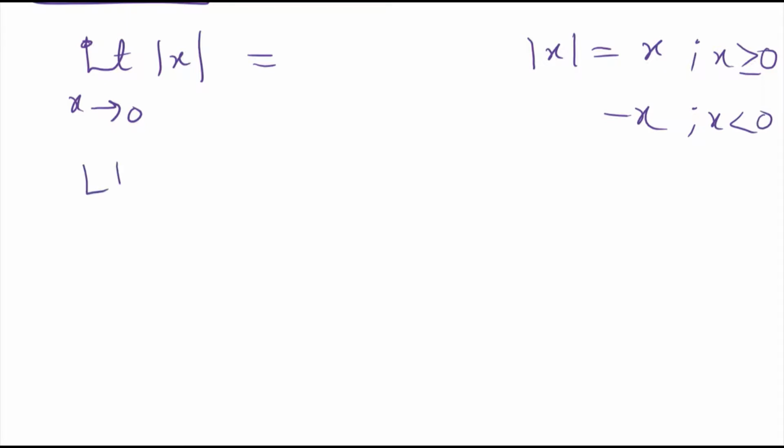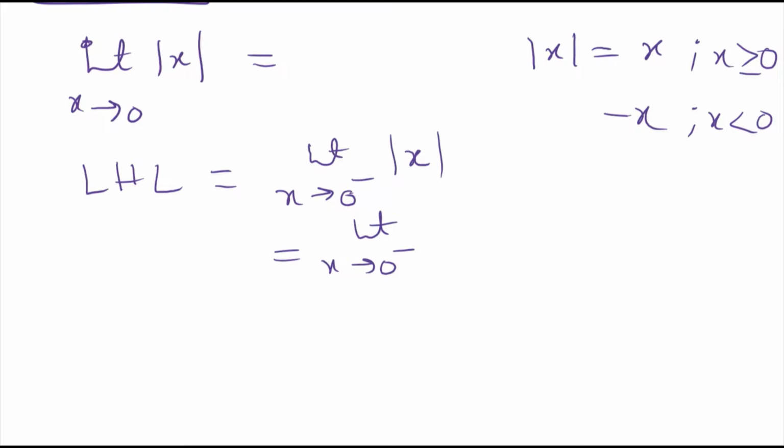If we apply the left hand limit, it equals limit x tends to 0 minus mod x, which equals limit x tends to 0 minus of minus x. For x less than 0, the function is defined as minus x for mod x. If I apply x equals 0 here, it becomes 0.